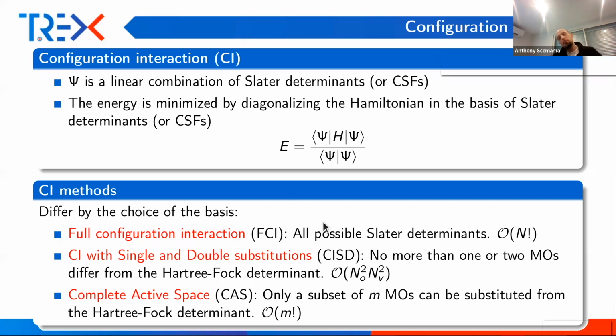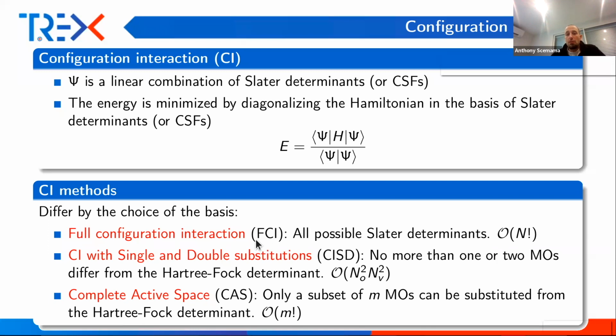And then if you take the full CI space and remove some determinants, you go into all the other definitions of CI methods. Let's say if you remove everything except all the single and double excitations with respect to the Hartree-Fock determinant, you get the CISD.